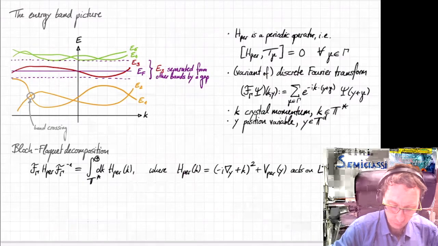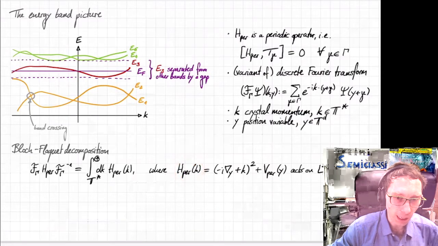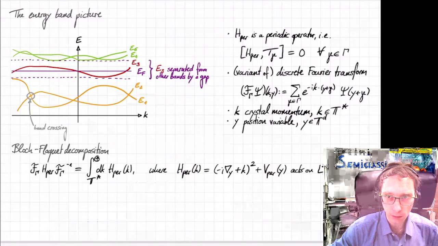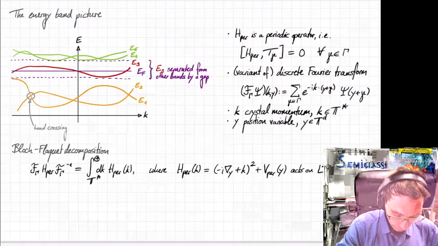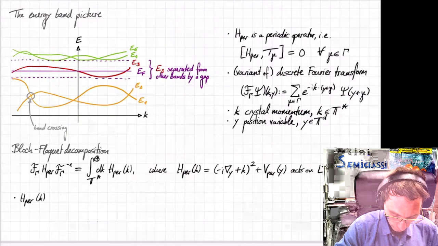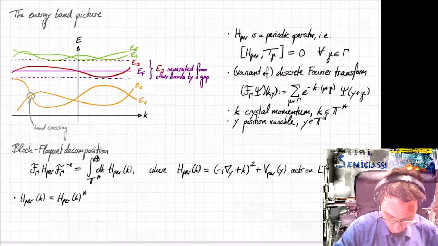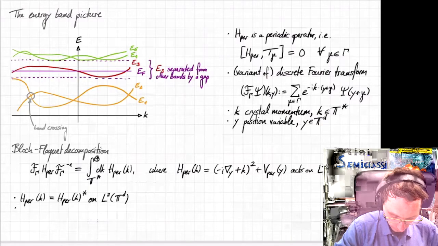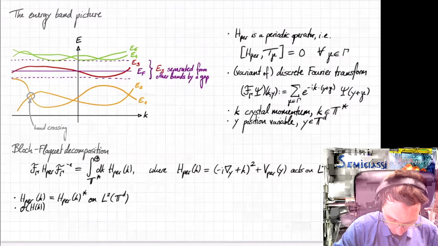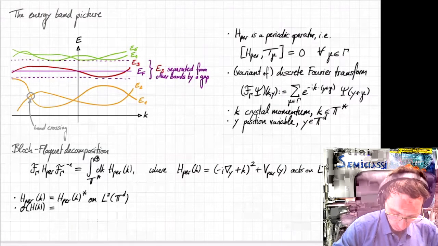Of course, H periodic of K inherits the self-adjointness. Furthermore, its spectrum is purely discrete.